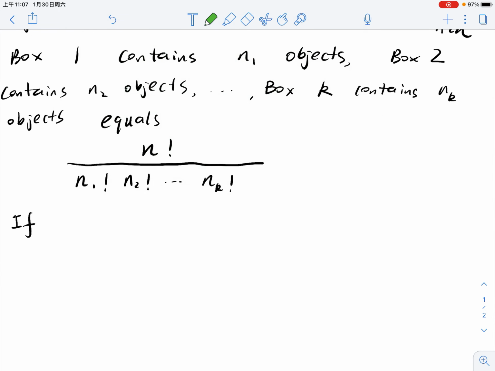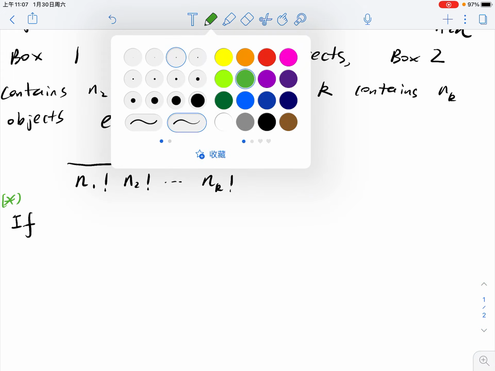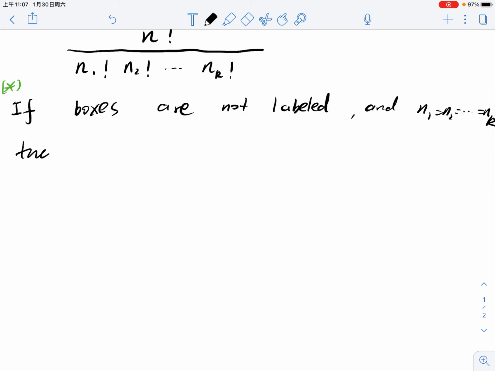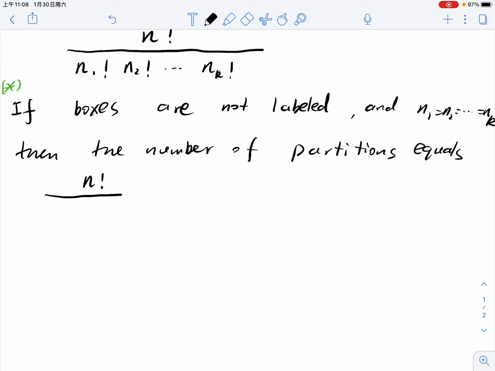For a slightly different special case, if boxes are not labeled, that means you cannot distinguish box 1 from box 2, and n1 equals n2 equals all the way to nk, then the number of partitions equals n factorial divided by k factorial times n1 factorial to the power k.